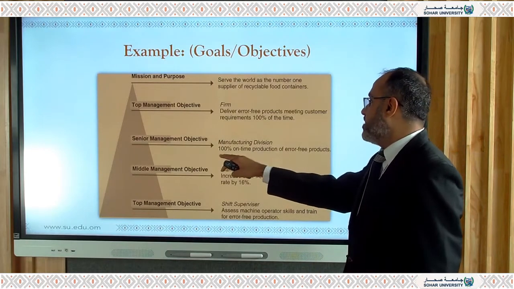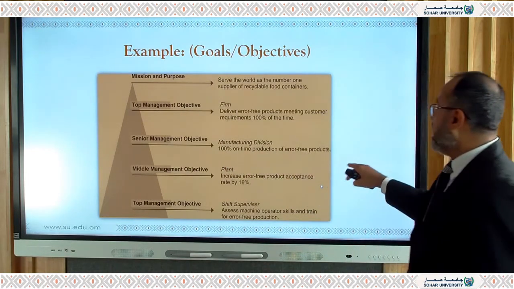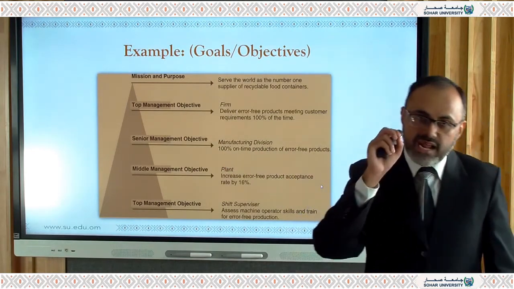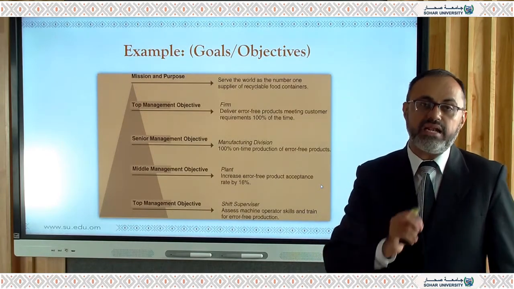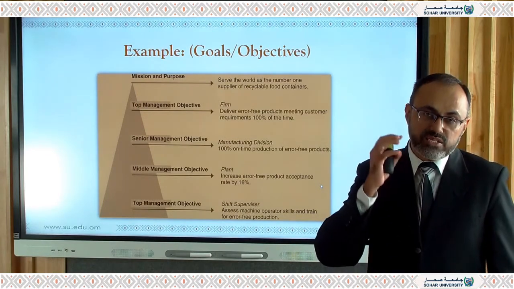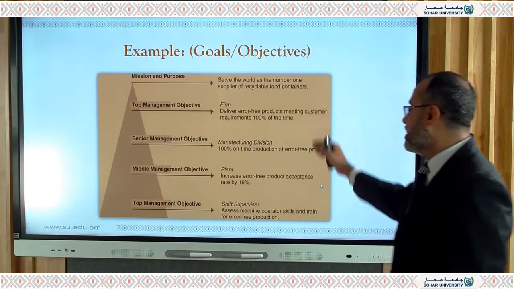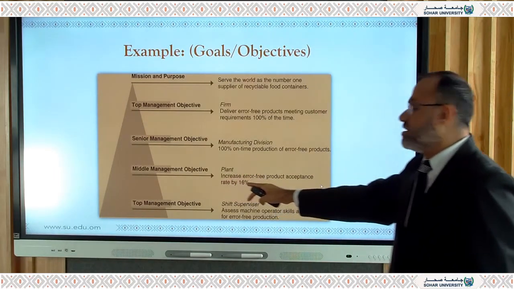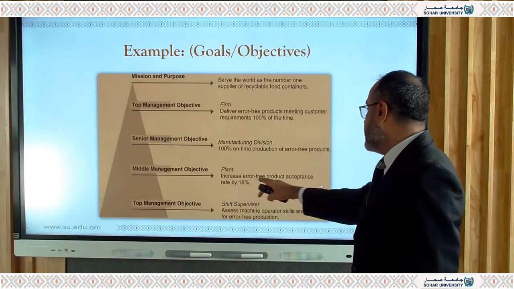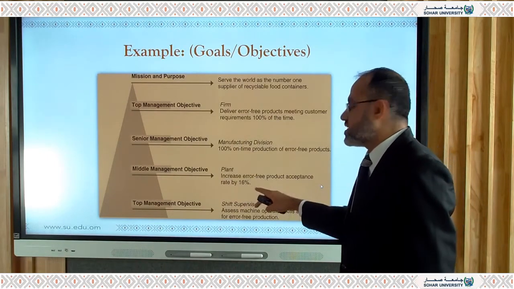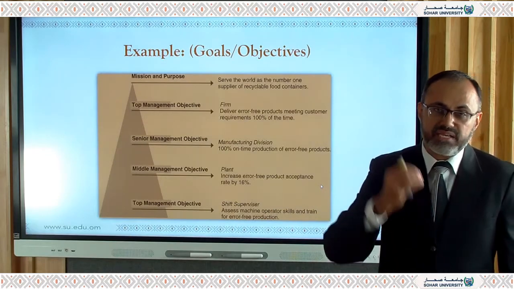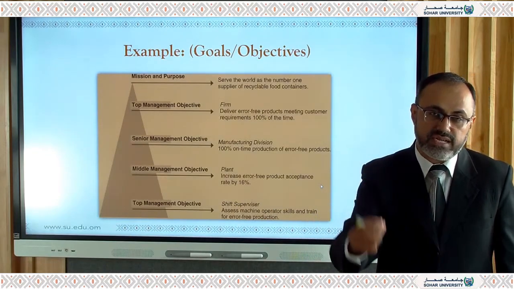The manufacturing division will have 100% on-time production of error-free products. You see, now they are getting more measurable and more timely, so that these goals can be achieved. But at the top, they were not as clear as you were thinking. Then the plan: increase the error-free production acceptance rate by 16%. Another target is being set that is measurable and more achievable.